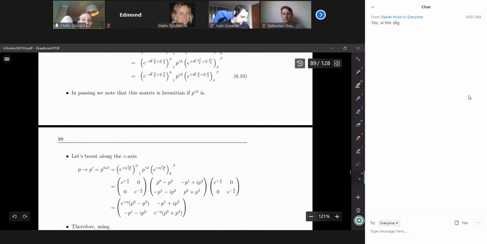However, not for the rotation part, but for the boost part. So I then just have one boost parameter, say eta 3, but I call it eta here. So this guy goes here. And similarly, I just insert a boost with only something in the sigma 3 direction. So I have this guy here, and actually I have now the same sign here and here.